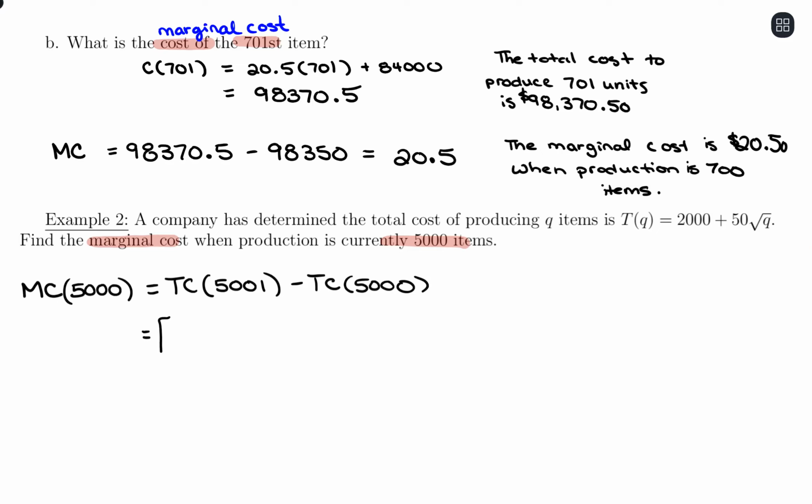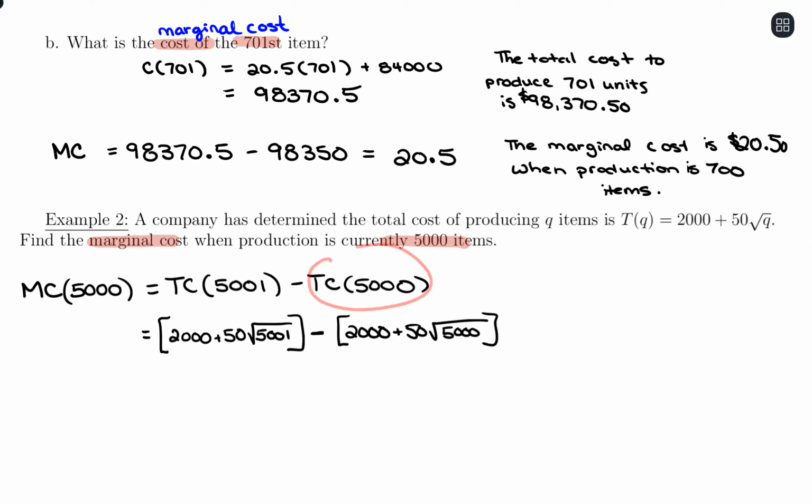Basically, I want to take this calculation of 2,000 plus 50 times the square root of 5,001, and then subtract this 2,000 plus 50 times the square root of 5,000. And the parentheses are super important here, especially for the second half of the calculation, because we want to subtract all of this here. So the subtraction needs to distribute in. So be sure to have those parentheses over this total calculation for when we have 5,000 items.